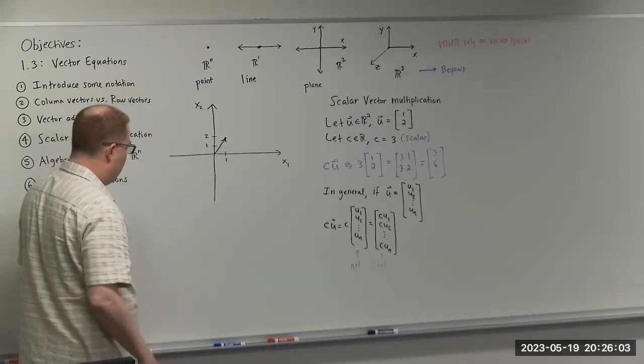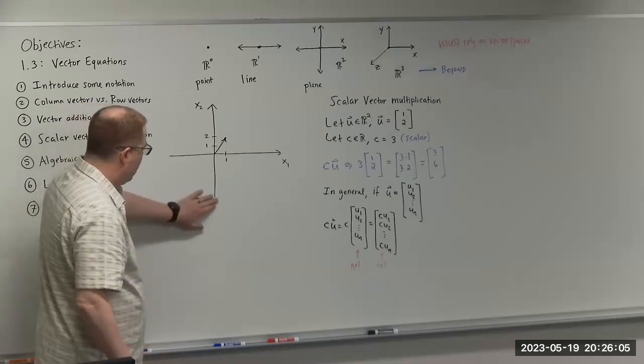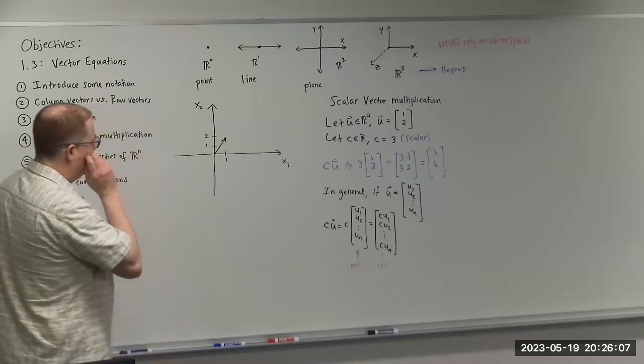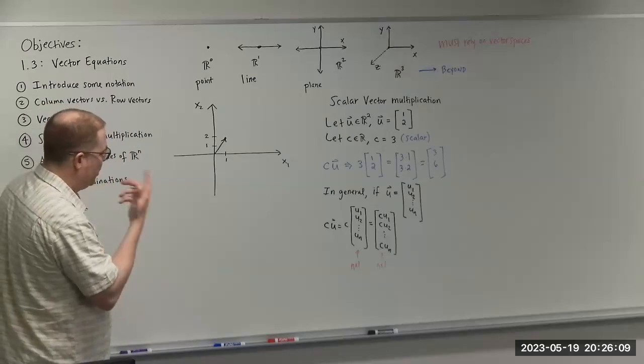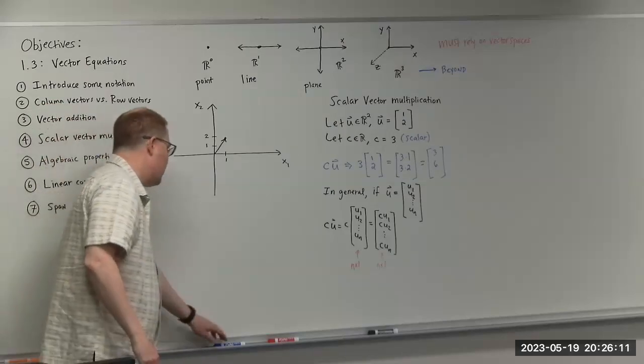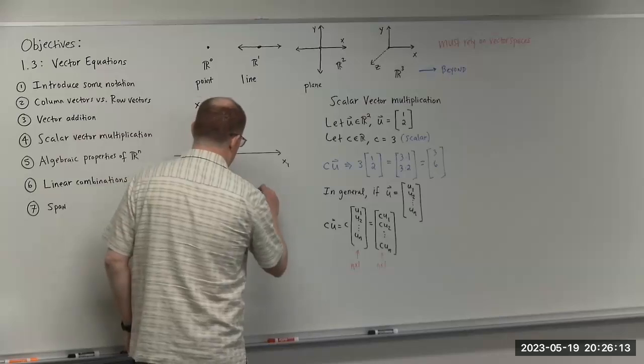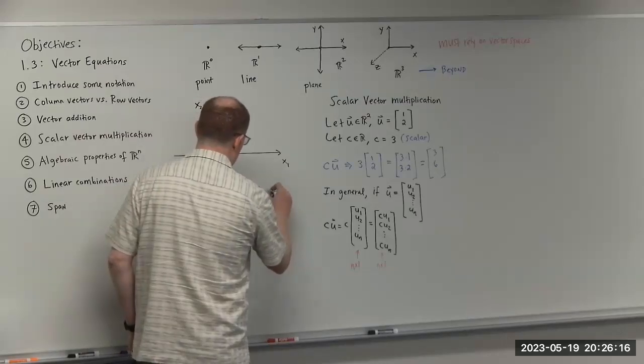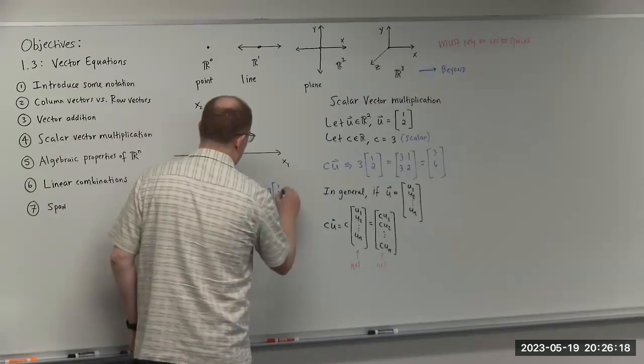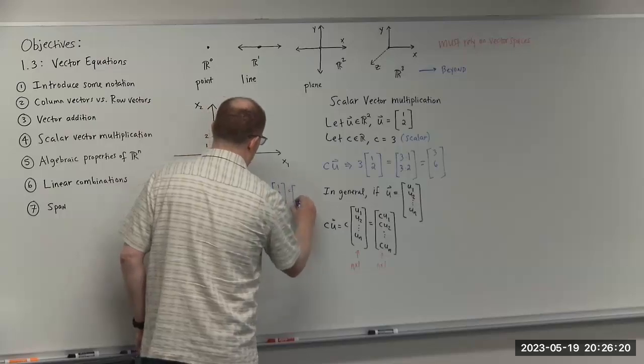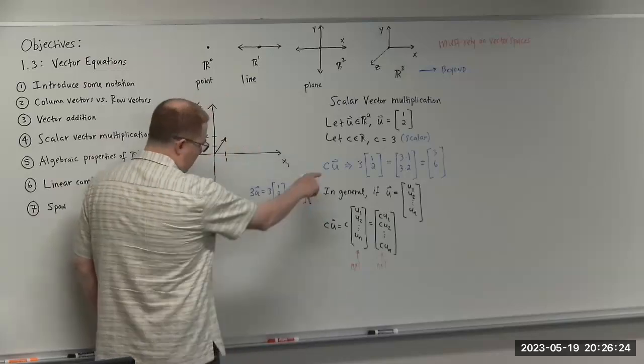So let's say we take 2 times the vector u. Let's do that here. We're going to get 3 and 6. Well, that's what we did here.